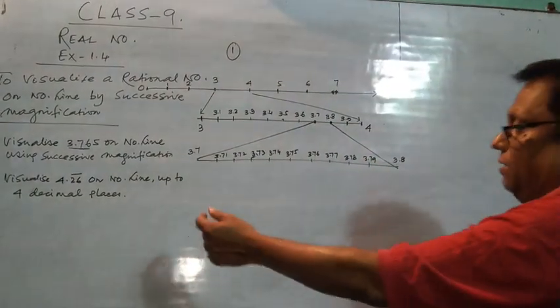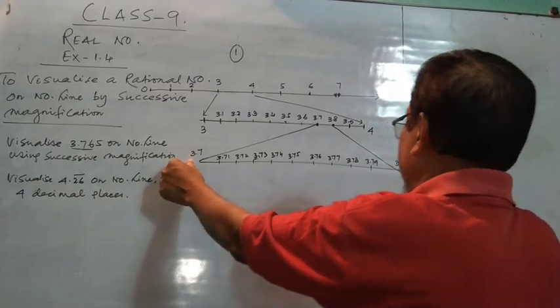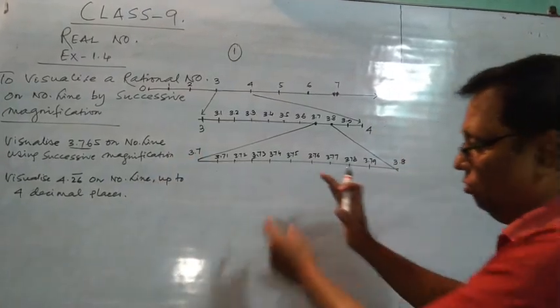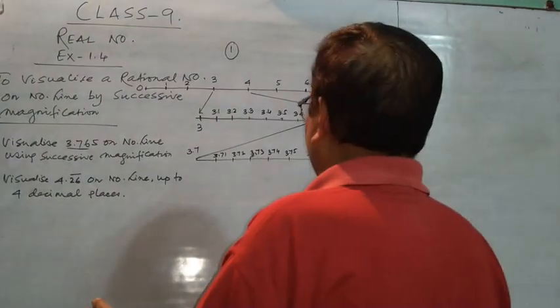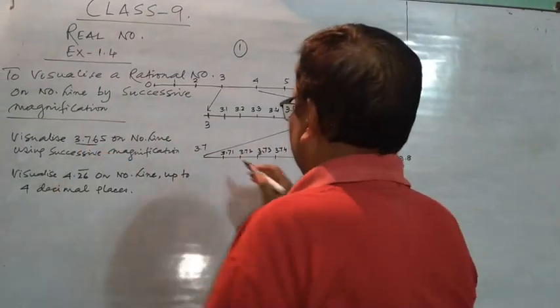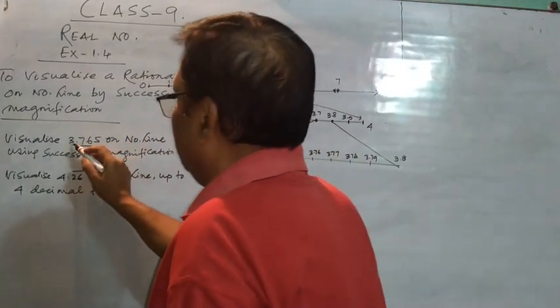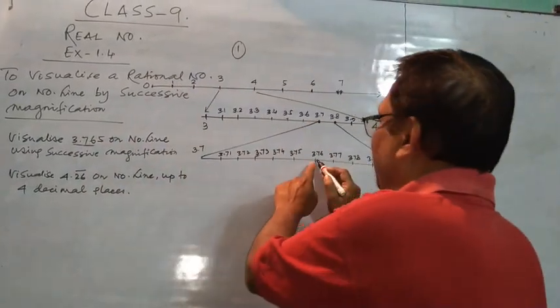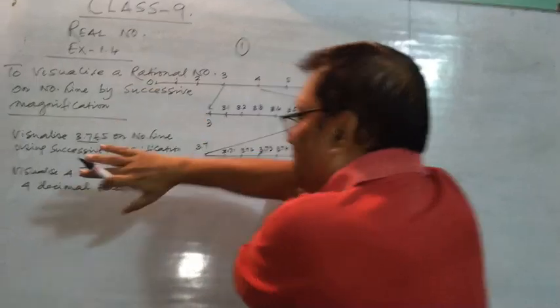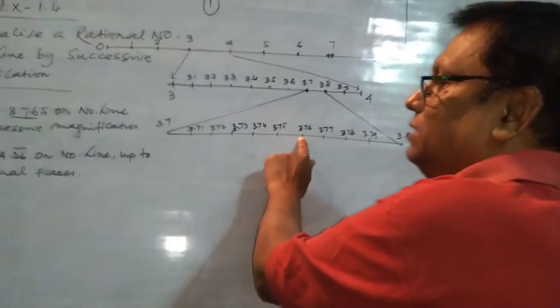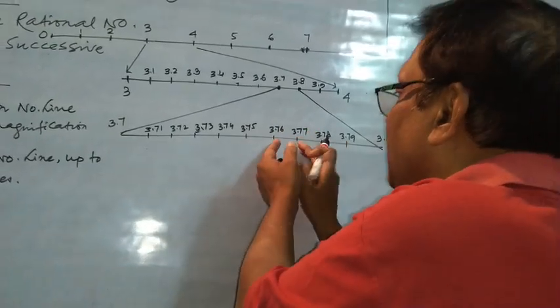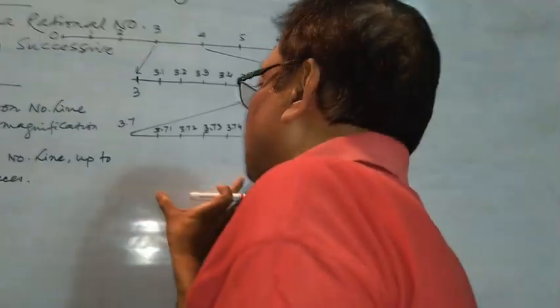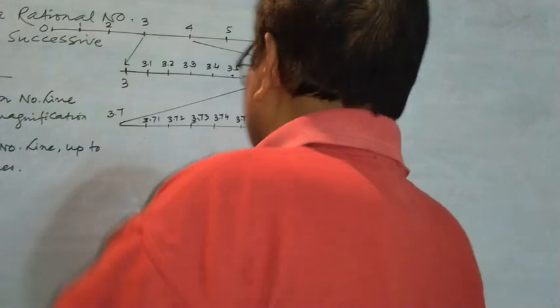See, again we have divided the interval of 3.7 to 3.8 into 10 equal parts. And now we will take 3.76, which is here, and the given number is more than 3.76 but less than 3.77. So again this very gap will be magnified.